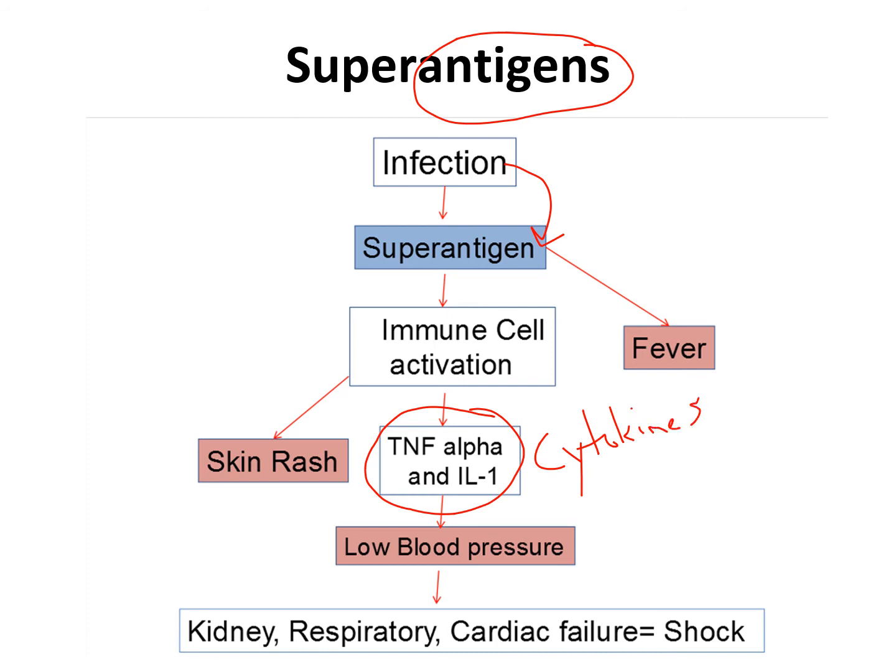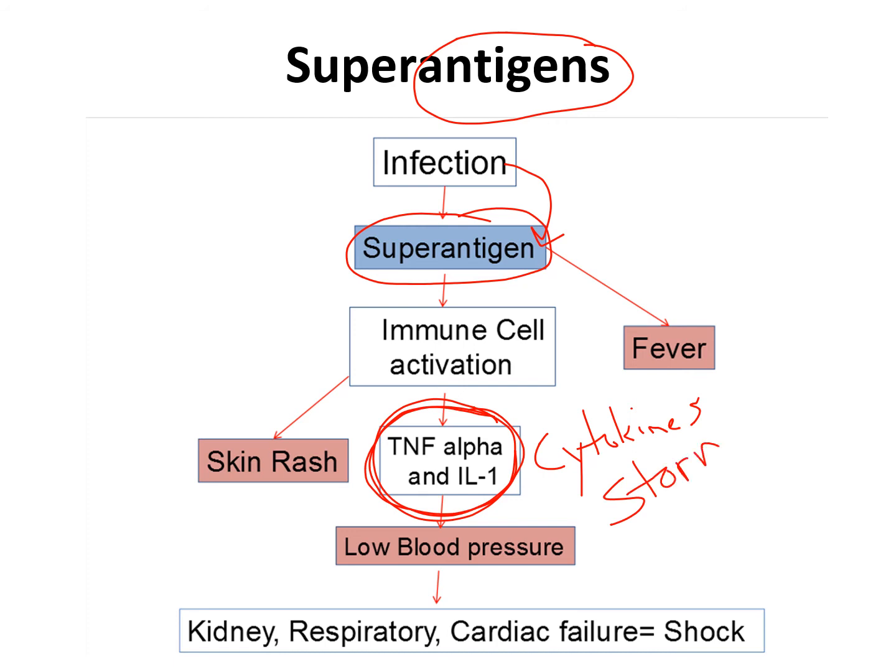Cytokines are like signal molecules. The white blood cells use them to communicate with each other. But the super antigens are overstimulating the white blood cells, so they are producing too many cytokines, and sometimes this is called a cytokine storm.